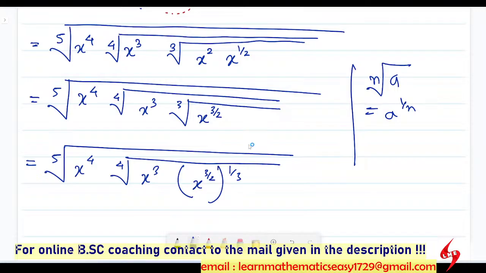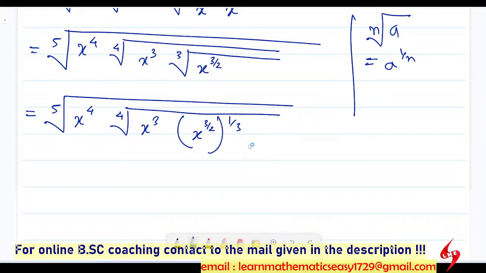So here this is my a. The cube root of a is a to the power 1 by 3. So the powers, the 3 cancels out because of the multiplication.